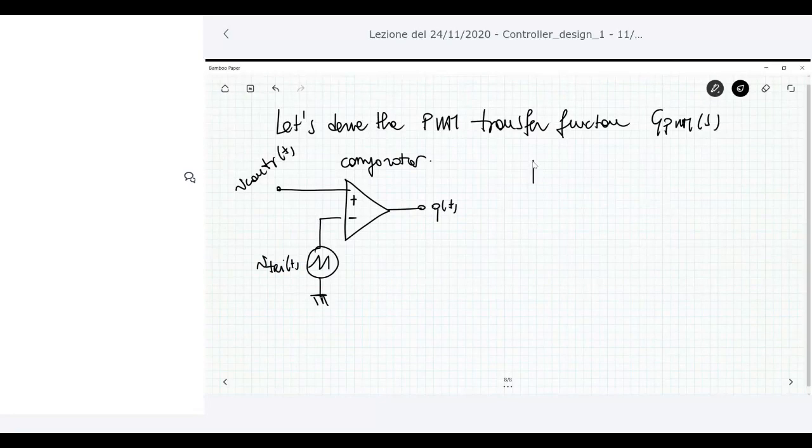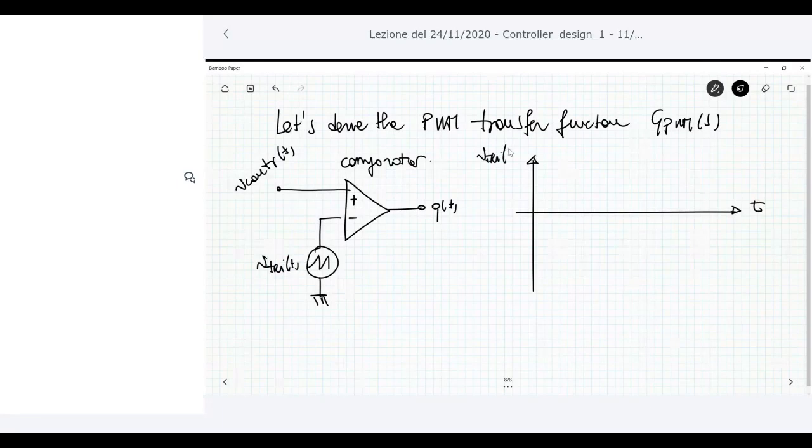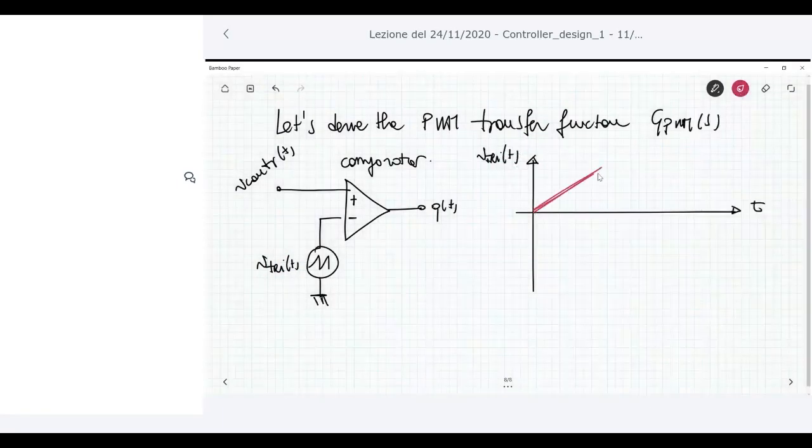Let me show how it is operated. This is the triangular voltage. And the triangular voltage, for example, is like this. It's something that is generated locally, okay, by an oscillator.